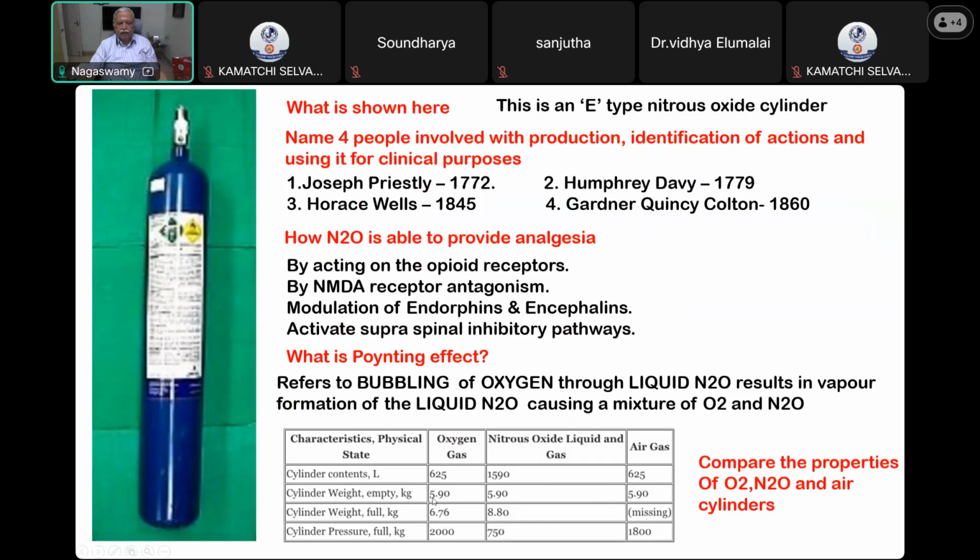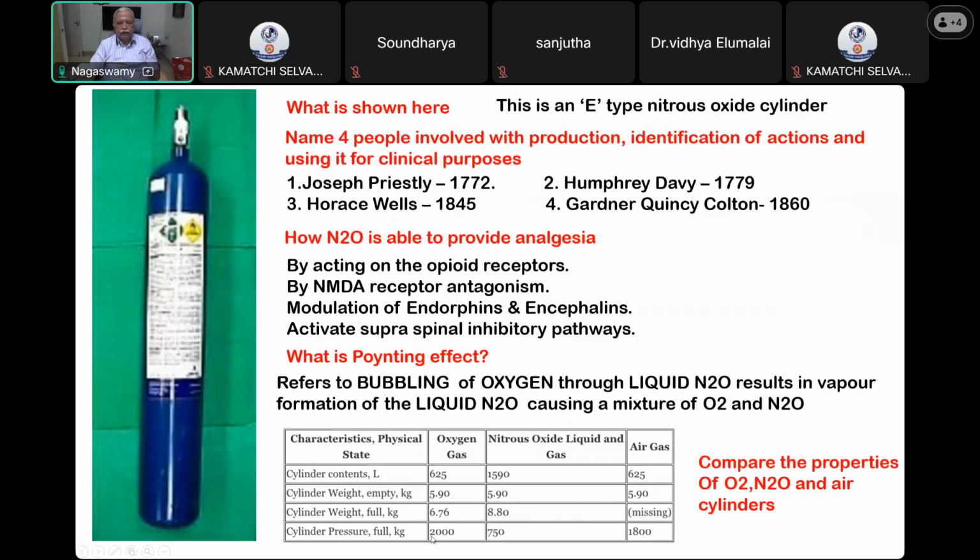Cylinder weight empty, all of them are the same, because they are E-type cylinders, the empty weight will be the same. Cylinder weight when full, for oxygen it is 6.76, so 5.90 to 6.76. Nitrous oxide is heavier, 8.80, and air we do not know.